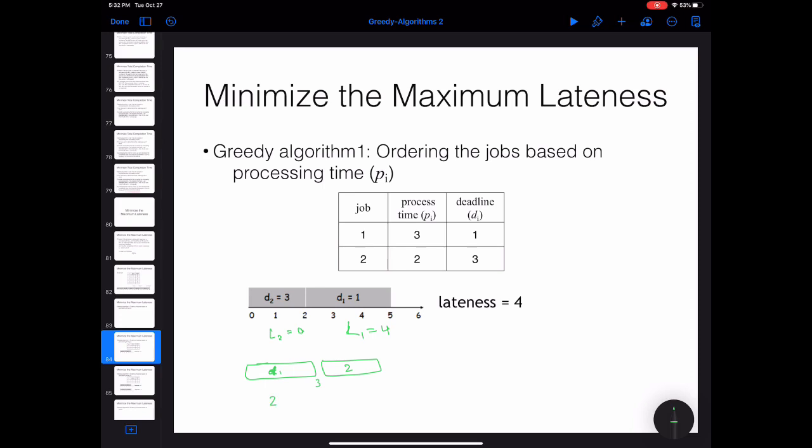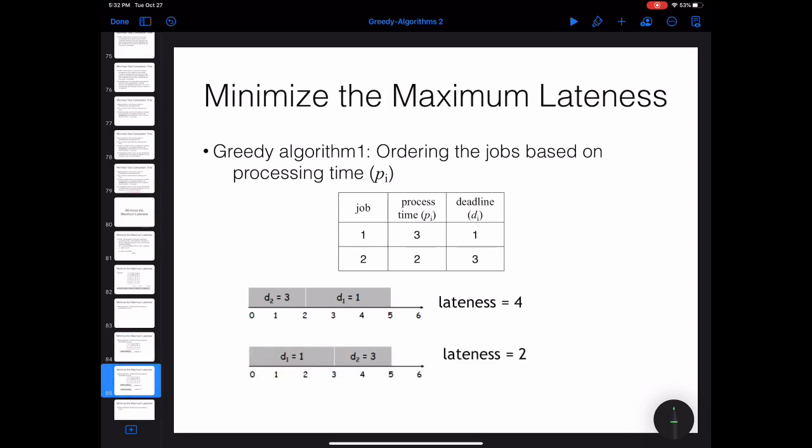The lateness for this one is going to be 1, and for the second job the completion time is 5, so the lateness is going to be 2 as well. Both of them will be delayed, but the maximum lateness is 2. So this is a better answer.